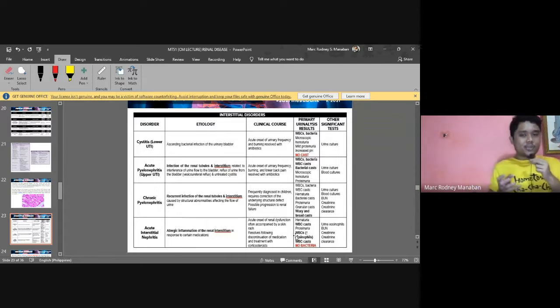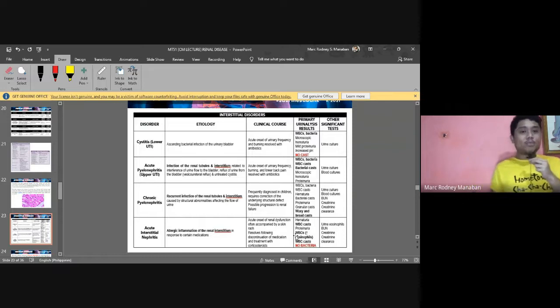So acute interstitial nephritis, as the name says, is the reaction, the inflammation of your interstitium. Usually it is allergic inflammation of the interstitium in response to drugs. But the most common cause of acute interstitial nephritis is the rejection of an allograft, a kidney allograft, or transplanted kidney.